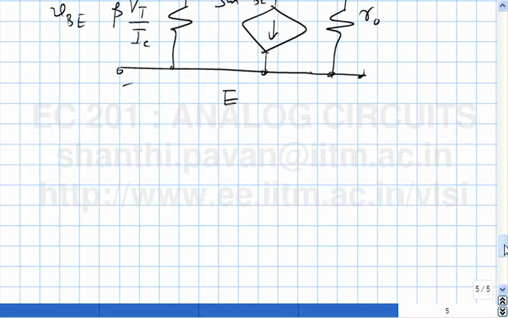In other words, we can now get in principle an amplifier with as large a gain as we want, but this gain will be dependent on device parameters.